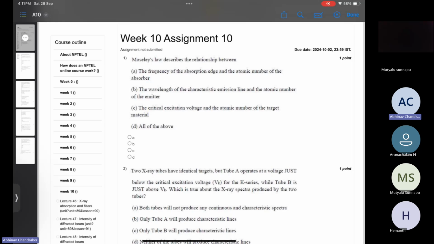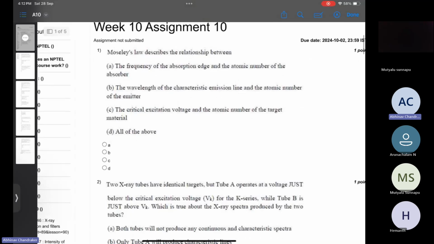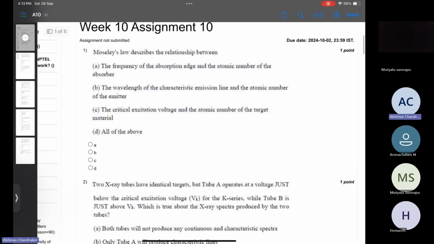So let's look at the first question. Mosley's law describes the relationship between... If any of you have any idea what the answer is, you can let me know.